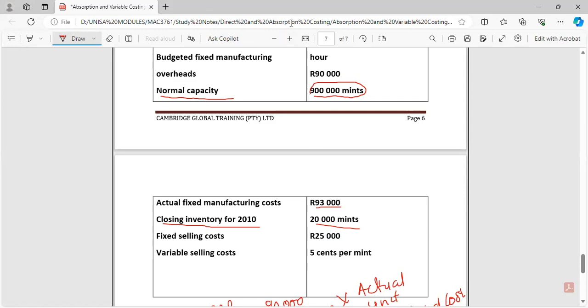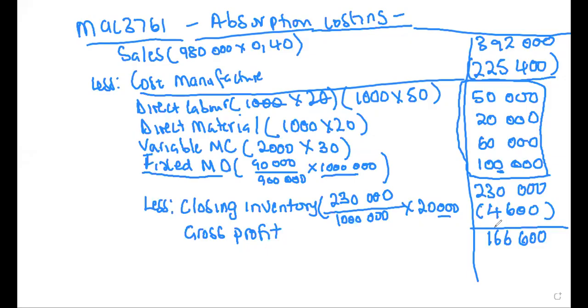So what is it going to be? Is it going to be an over or an under absorption? It's going to be 100,000 minus 93,000. What are we going to call this one? Is it an under absorption?